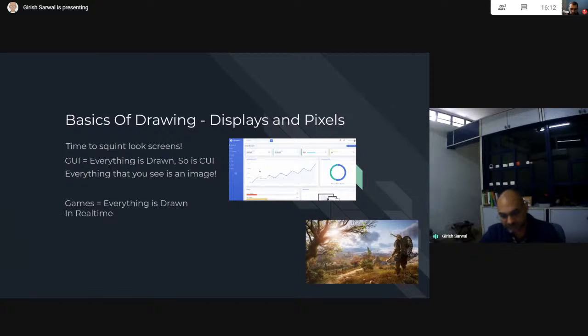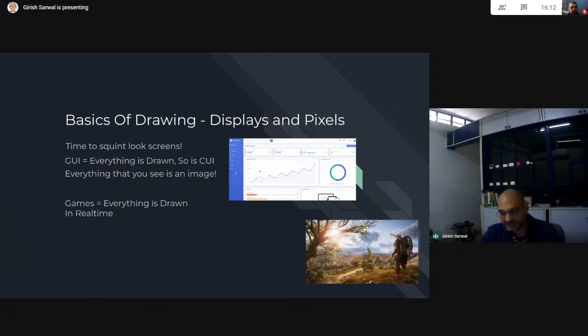If you look at the game on the screen, that is essentially an image that is being generated at runtime. How does it get generated? We are going to be talking about that in our further slides. But as of now, we just want to understand that everything that I see on the screen is being drawn. So you have to step into the role of a painter, and you have to start painting things on the screen.